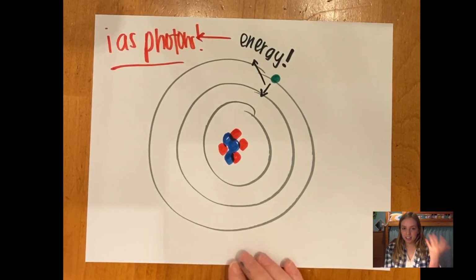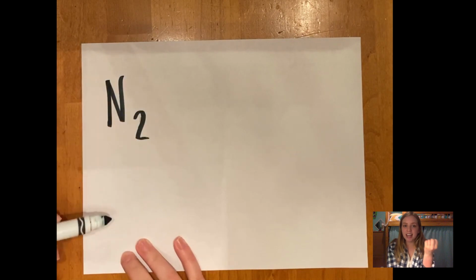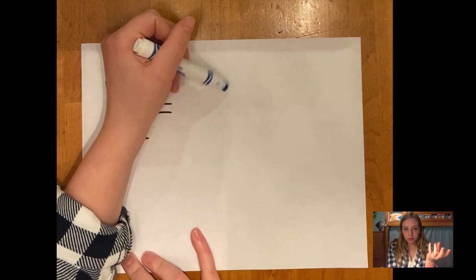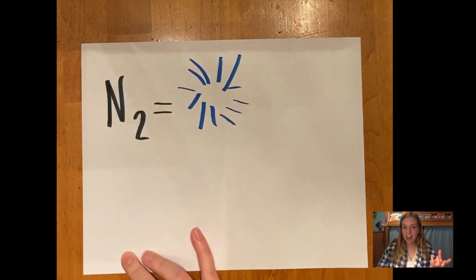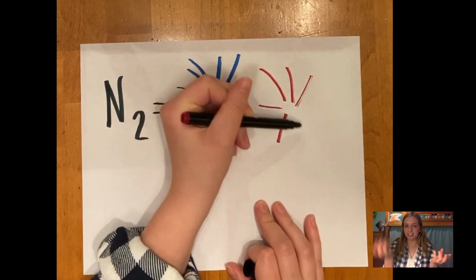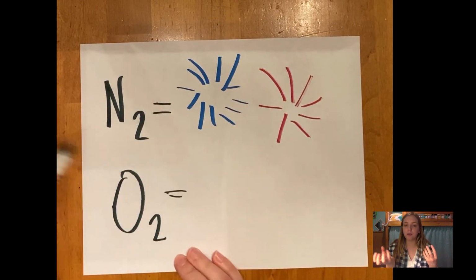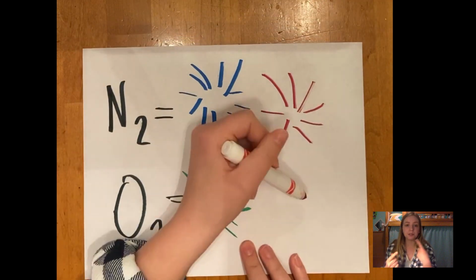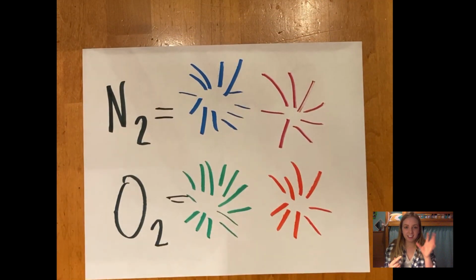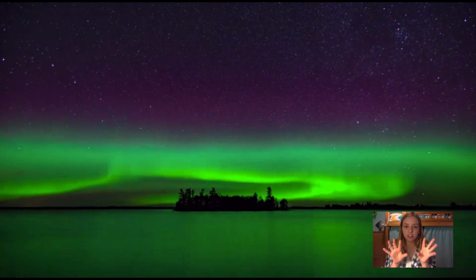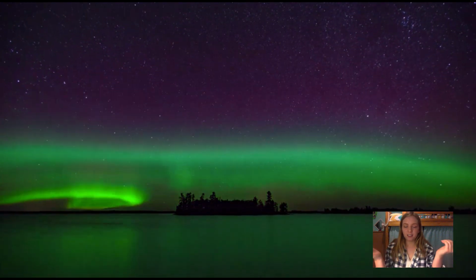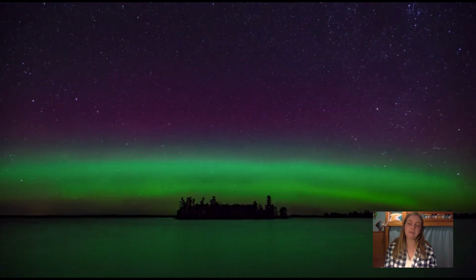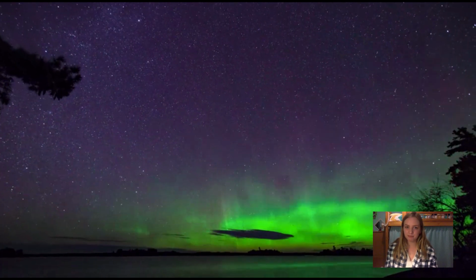So the nitrogen releases photons at the wavelengths of blue and deep red, and the oxygen releases them in wavelengths of red and green. So I think you can see where we've reached. These oxygen and nitrogen molecules release these, and we see them as the northern lights.